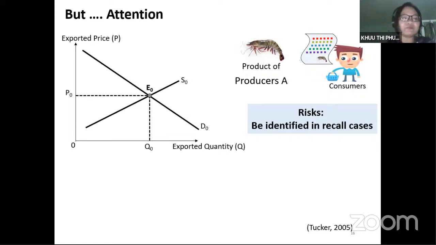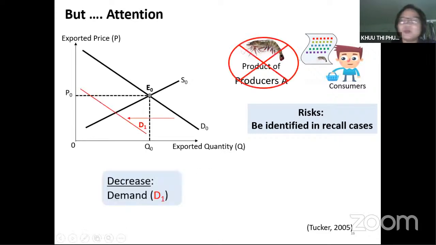But if they apply a traceability system, they have to accept that everyone can find them, and they have to pay the liability cost if they are discovered. If there is any mistake at their farm, they have to take responsibility for this. So they don't want to. The US farmers try to deny joining the traceability system.